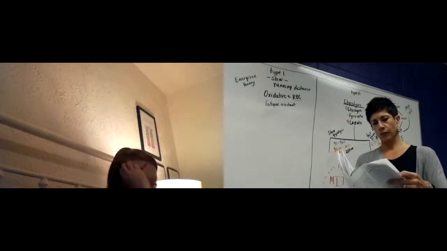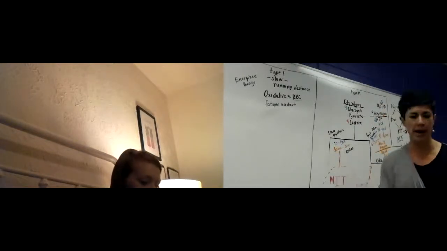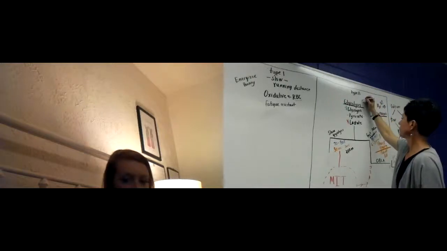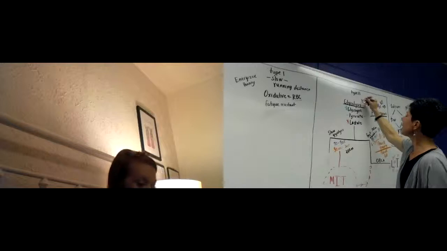Oh, I do know something that I want to talk about. I want to talk about the places where your body stores glycogen, in 2 places. Basically, which of the glycogen stores are you using on type 2 fibers?